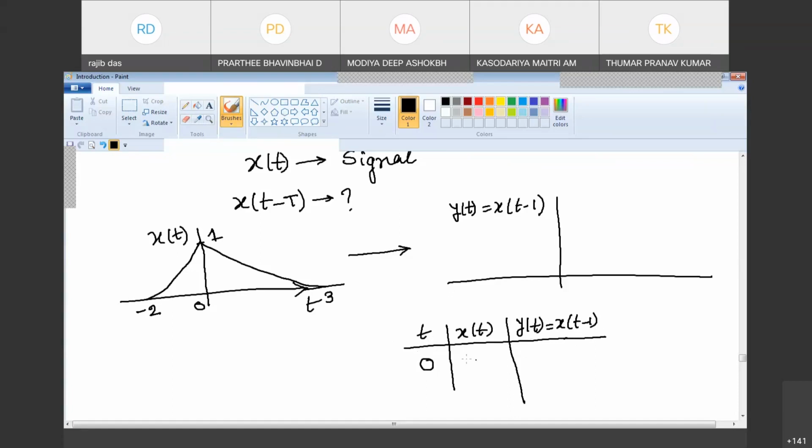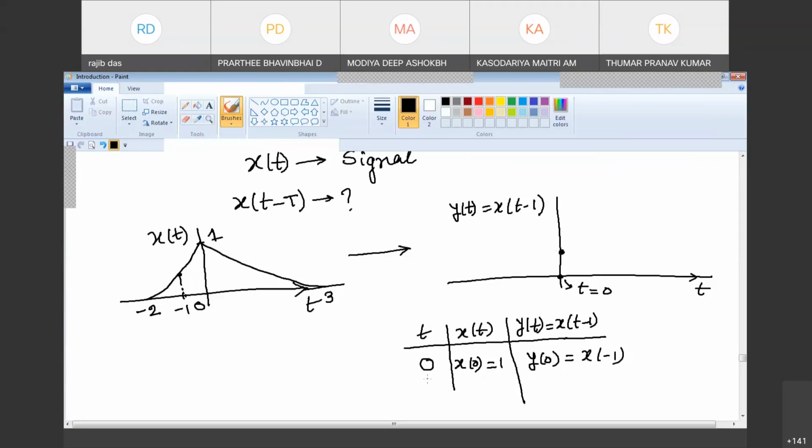At t equal to 0, x(0) from the figure is 1. And y(0) is x(0 minus 1), which is x(-1). Whatever the height is at -1, that value should be y(0). So if this is the t-axis, at t equal to 0 its value should be this same value.